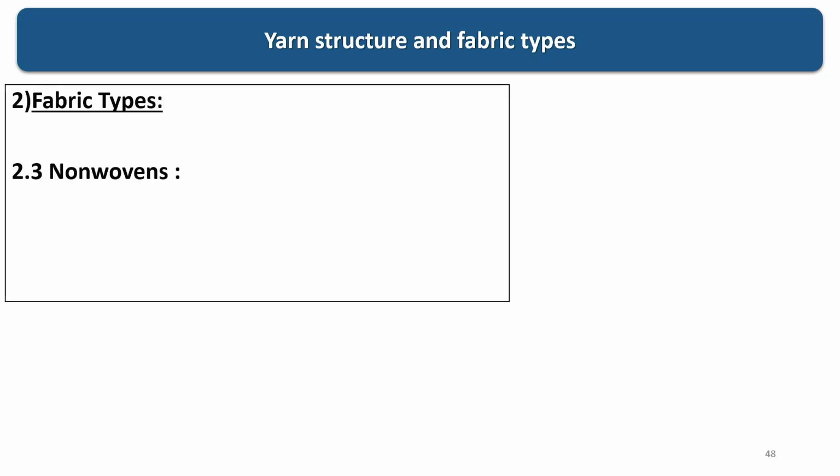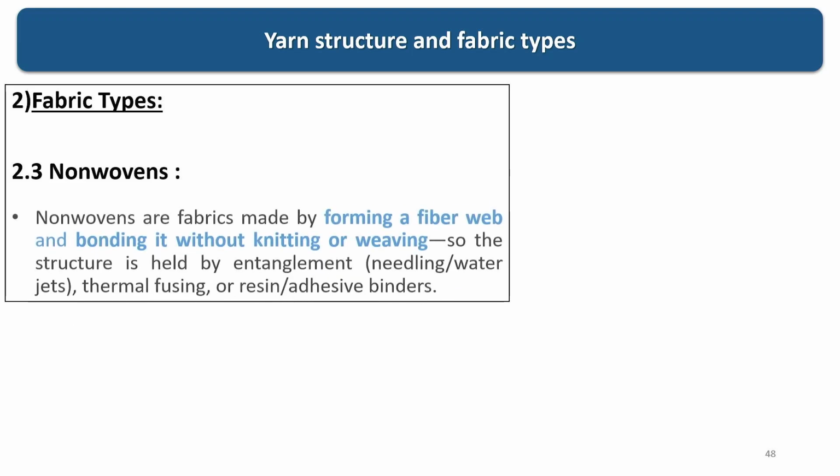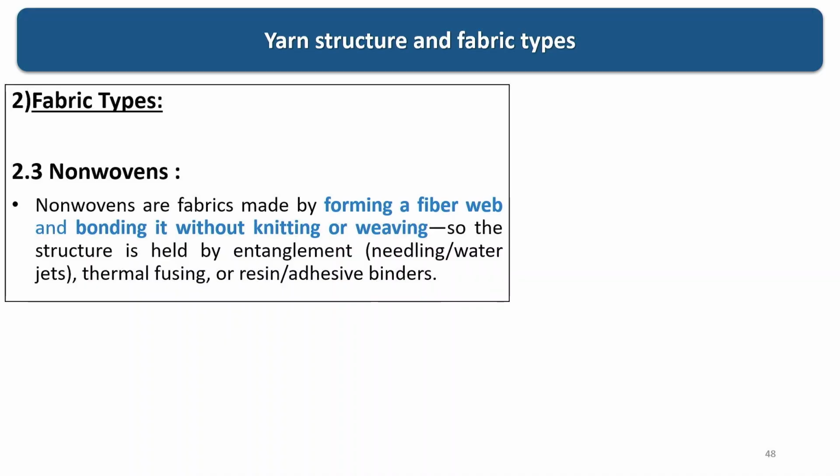Non-wovens are also used in cut protection along with the other types of fabric structure. Non-wovens are fabrics made by forming fibers directly, then through bonding, without knitting or weaving.